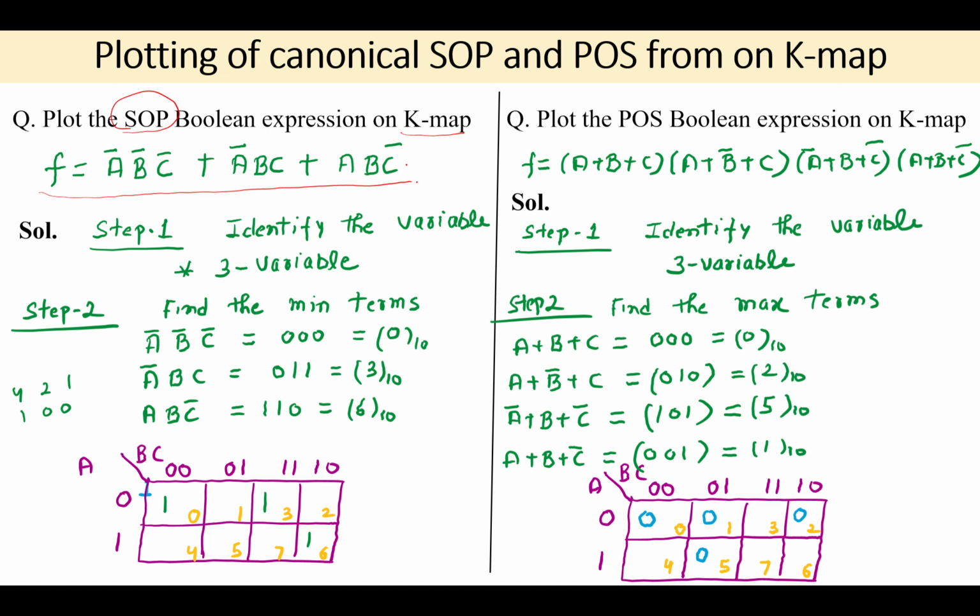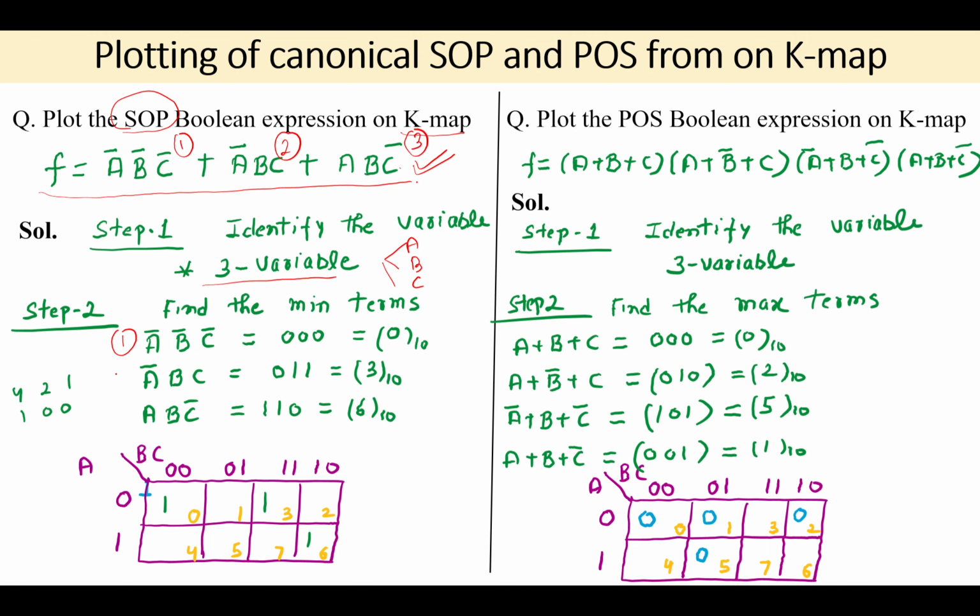Now we are going to represent this Boolean function on a K-map. The first important step is to identify the number of variables. Here there are three variables: A, B, and C. There are three terms: this is the first term, this is the second term, and this is the third term.